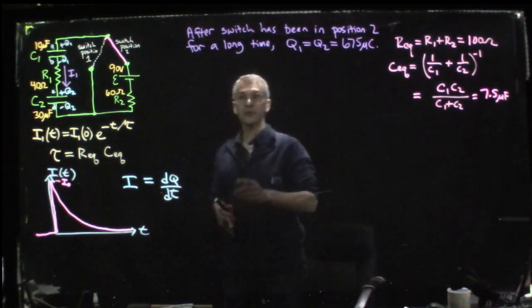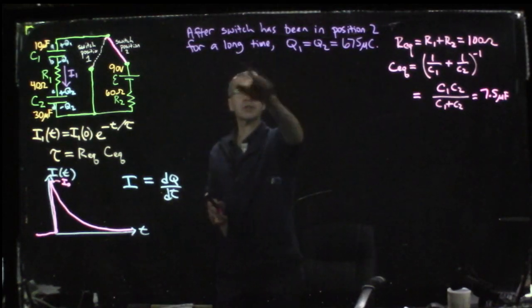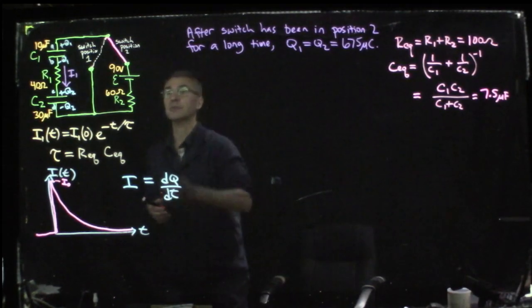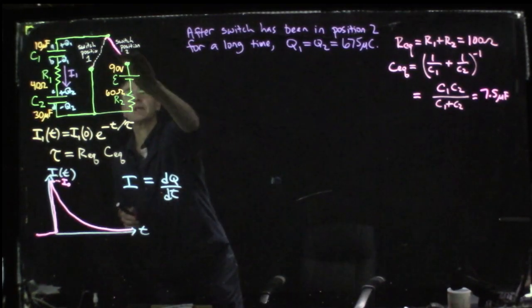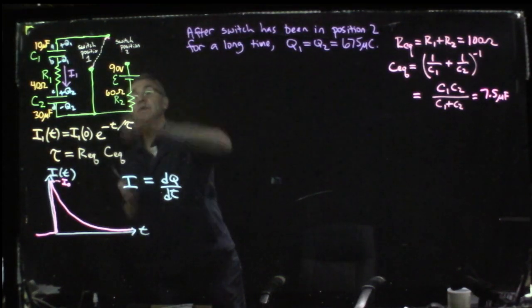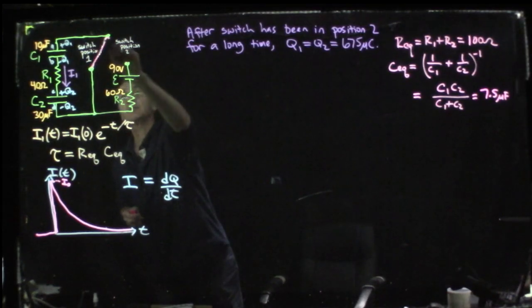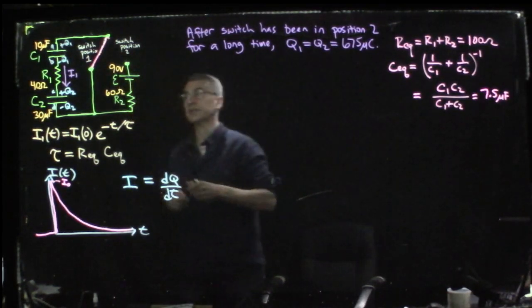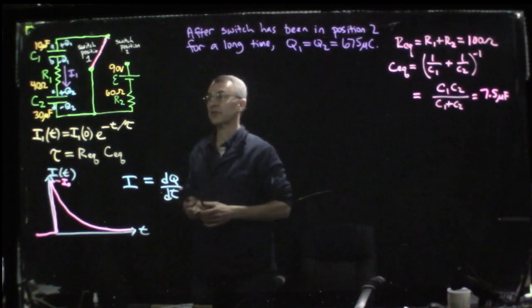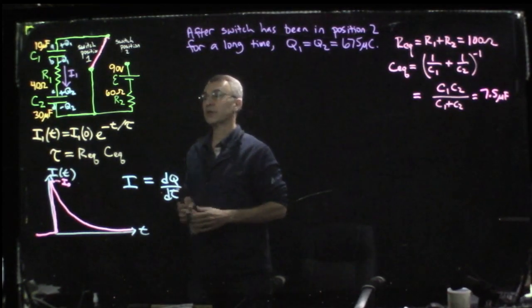Okay, so after the switch has been in position 2 for a very long time, we worked out that Q1 equals Q2 equals 675 microcoulombs. Now we're going to move the switch back to position 1, and we're going to ask what subsequently happens. So we move this switch back to position 1. There's no longer a battery, but we start out with charge on these two capacitors, and then what's going to happen?